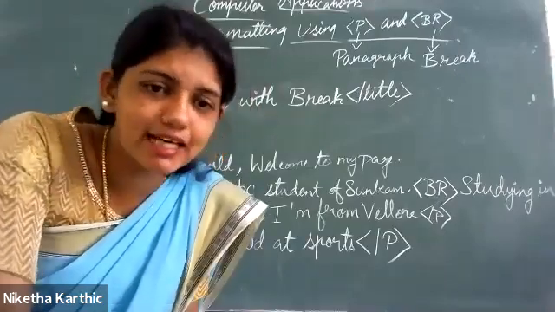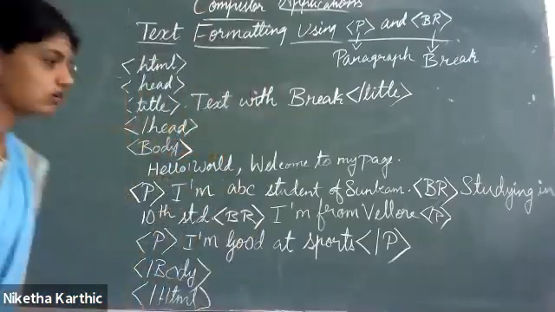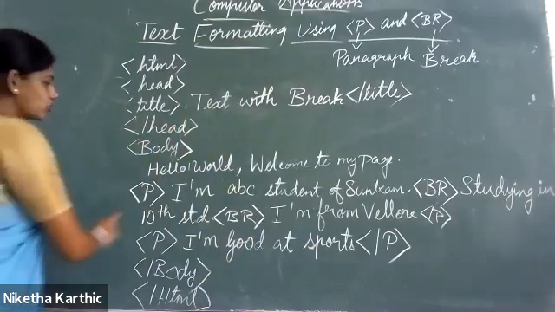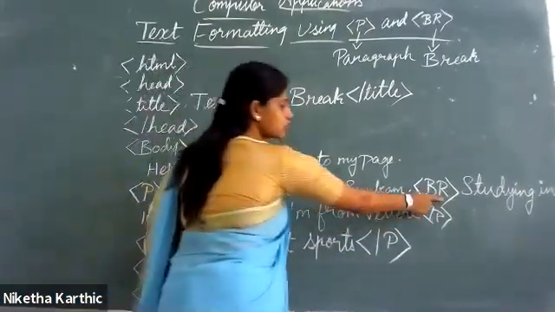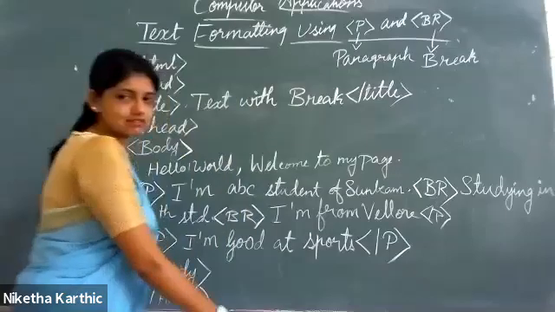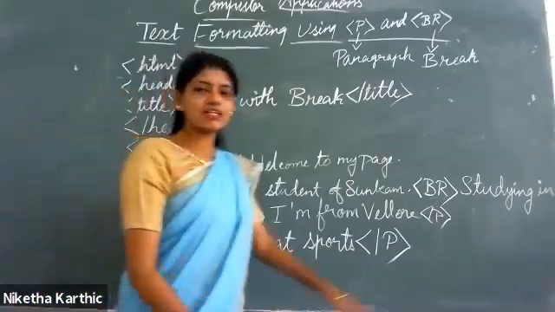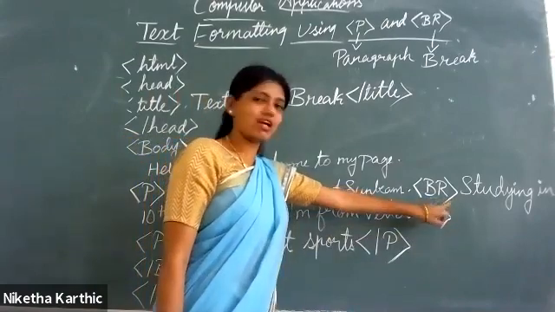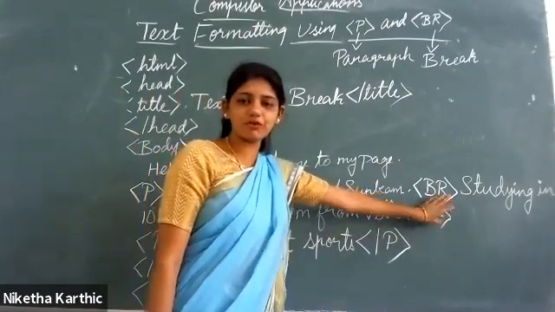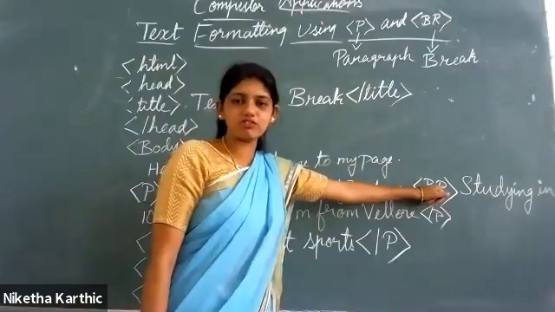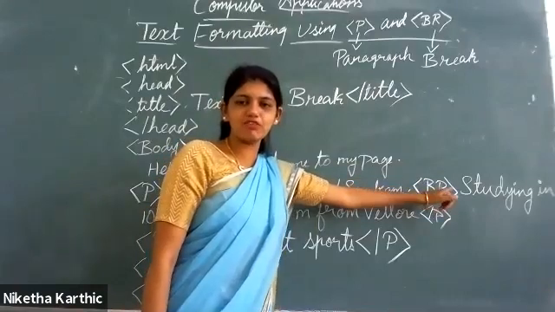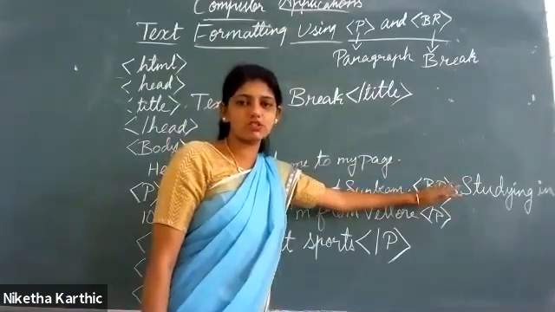It can be either in capital or in small. Just to make you understand, I have just written like this. Got it? Because children here this year asked why only one BR, no closing tag for BR. Because it will be self-closing. It is just to break the line. We are not going to close it, it will be self-closing. Got it?